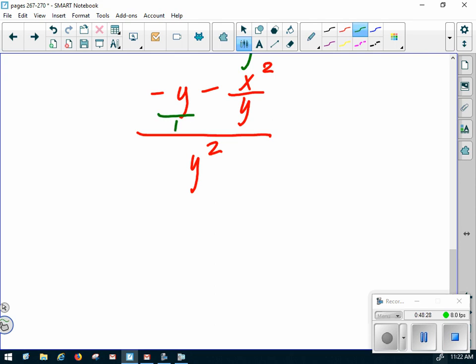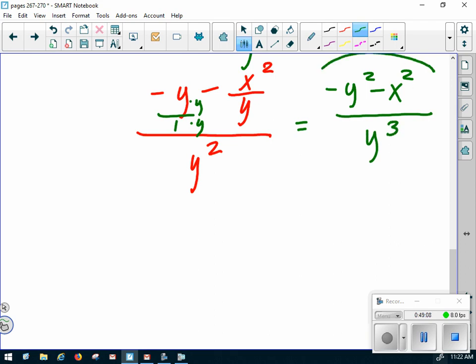What's our common denominator on this whole top? So I need to multiply by y over y. Are you okay with the -y squared minus x squared? Look at the bottom. This is going to be over y, correct? Over y squared. So that whole thing is really just over y cubed. There's my second derivative.